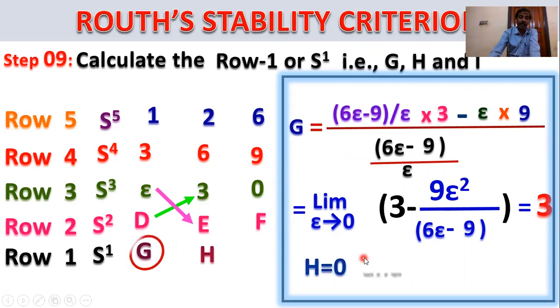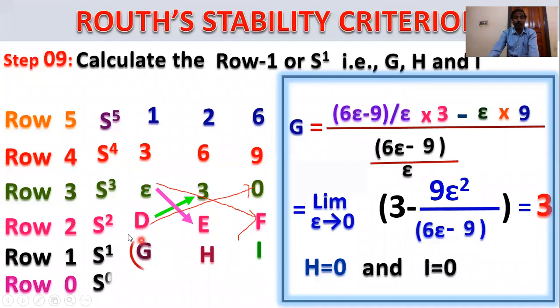Then H equals 0, because D into 0 minus epsilon into 0, divided by D, gives H equals 0. Similarly, I equals 0, because D into 0 minus epsilon into 0 divided by D. Then calculate J, K, L.